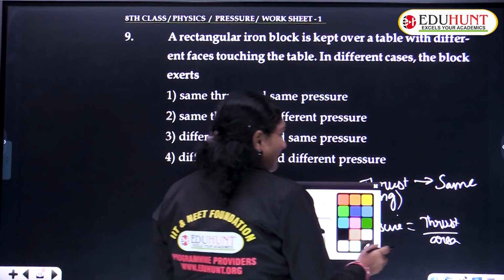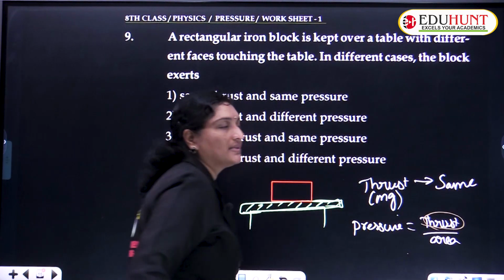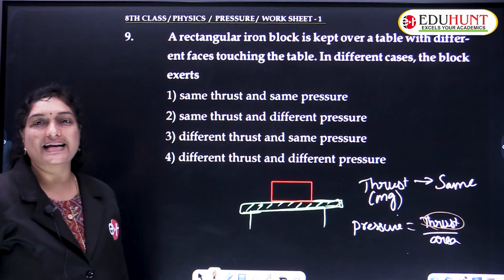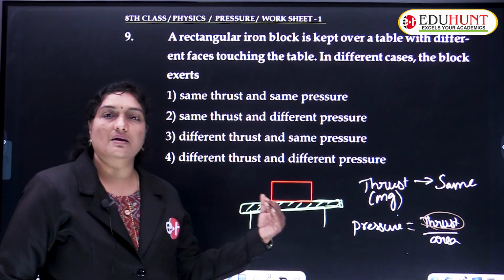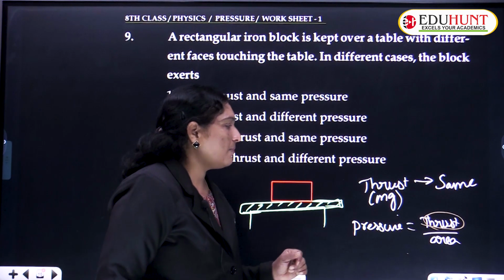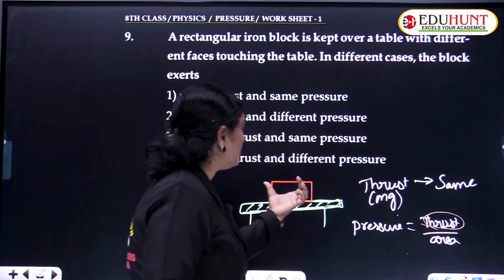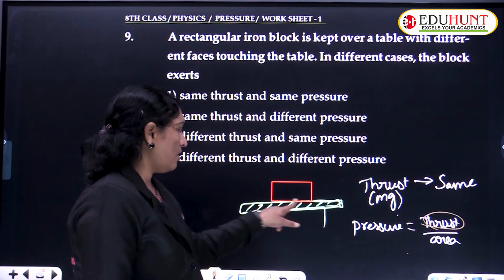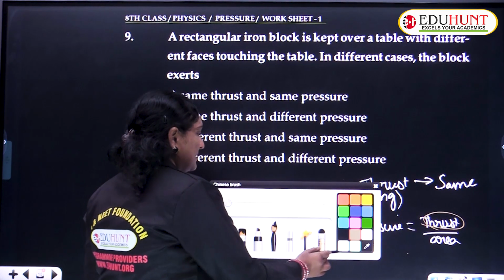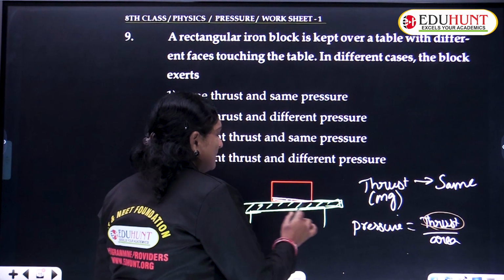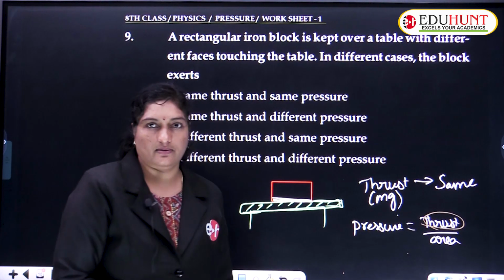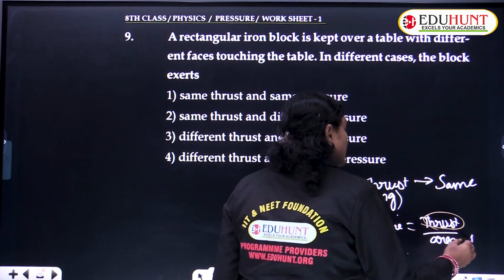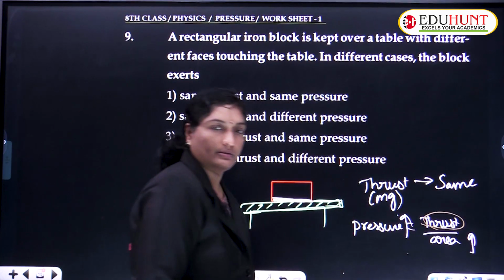But just now as we have discussed, in every case thrust remains same. It directly indicates the weight of the body. So thrust remains same. Then what about area? If you keep the block in this direction, then the area of contacting surface will be large, this much area of contact will be there. So larger area indicates less pressure.